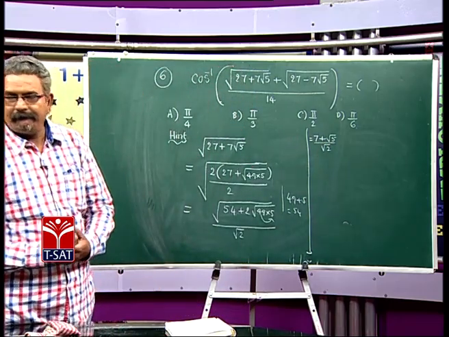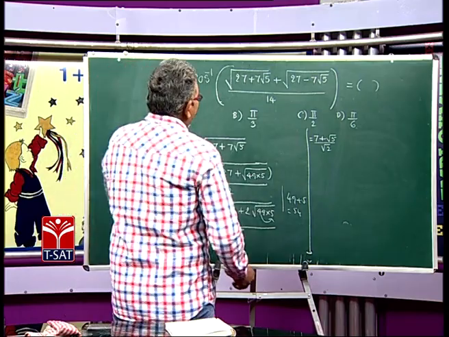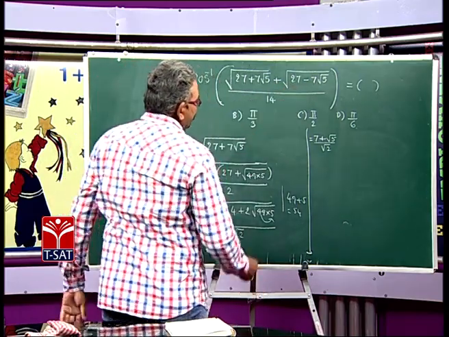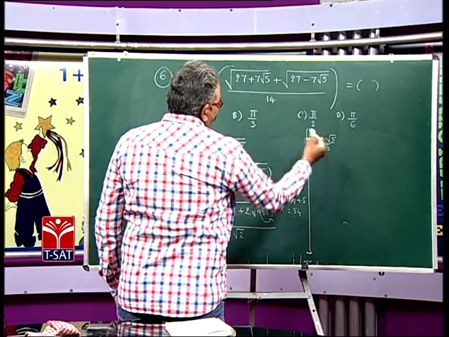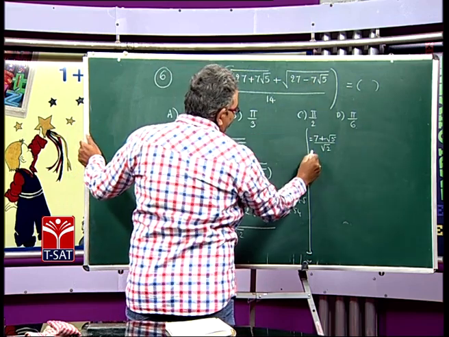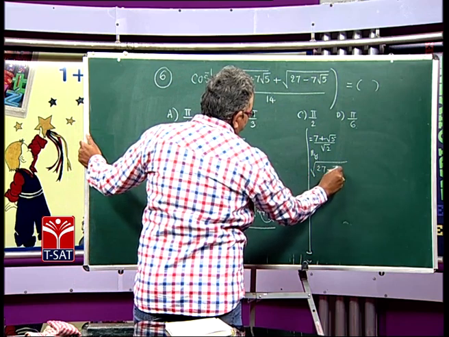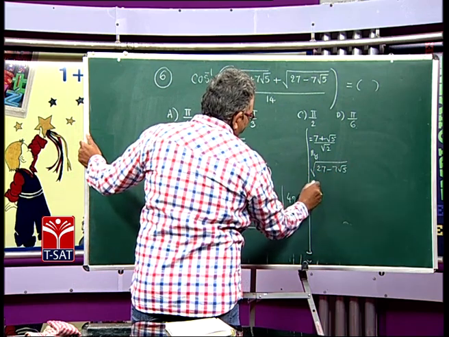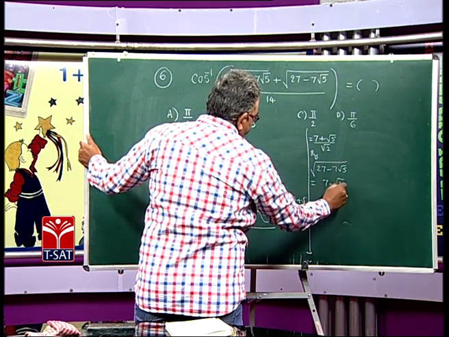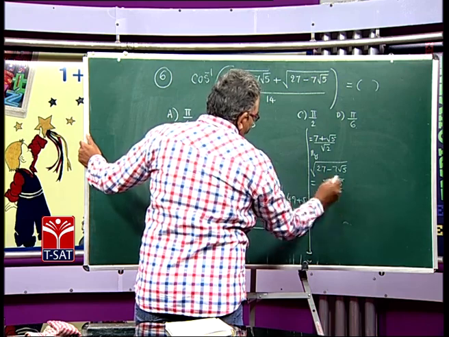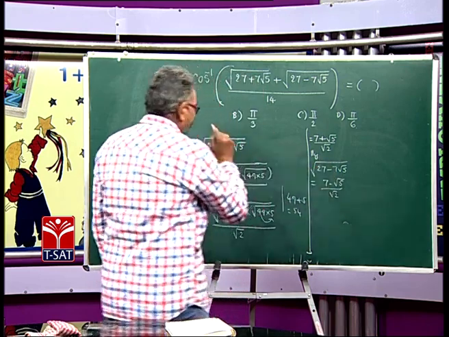Okay. Similarly, square root of 27 minus 7 root 5 is equal to 7 minus root 5 by root 2, because it is the conjugate of this one.